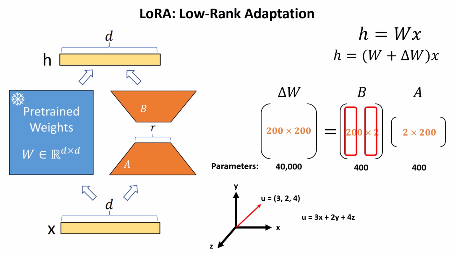So if you look at the first column of matrix A, it has just 2 values, let's say a and b.